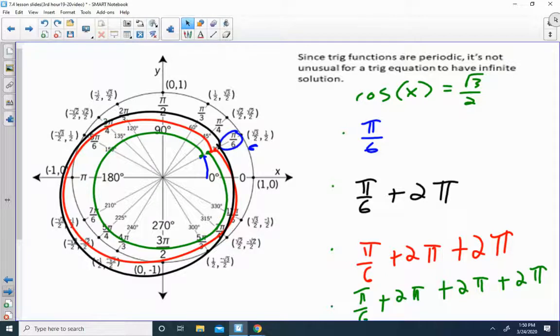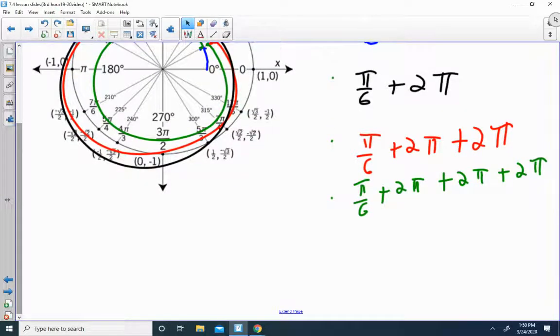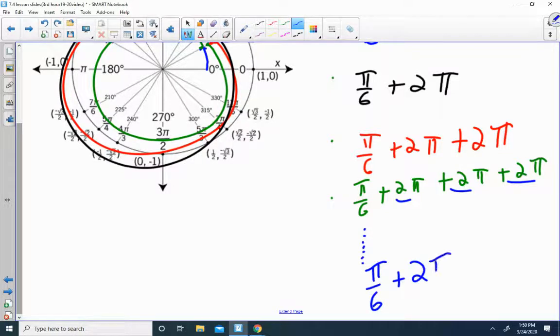And again, you're saying to yourself, Miss Shulin, I don't have the time to write all that down. There has to be another way to write this. And there is. A more simplified way to write this down is by doing this. Instead of writing down all these extra 2 pi loops that could give you an answer, you could write this instead. You could write 6 pi plus 2 pi n, where n equals the number of loops that you're doing.